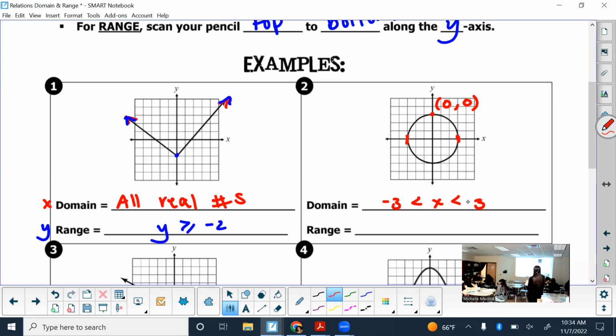Now, I almost forgot a part. What do I also need to have in here? Or is this complete? Does the graph touch the -3?